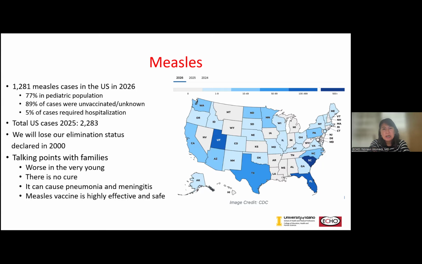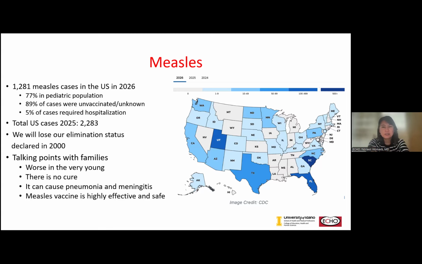And so when this is a hot topic, as you all know, when you're speaking with your friends and family, please remind them as health professionals that there is no cure for measles, that the vaccine is highly effective and safe. For the very young, this can be a devastating disease because of the complications of pneumonia and meningitis.